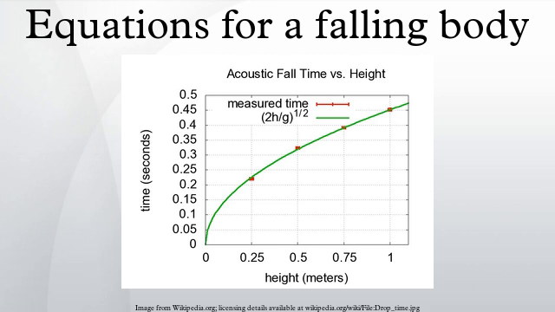Examples: for astronomical bodies other than Earth, and for short distances of fall at other than ground level, g in the above equations may be replaced by G(M + m)/r², where G is the gravitational constant, M is the mass of the astronomical body, m is the mass of the falling body, and r is the radius from the falling object to the center of the body.